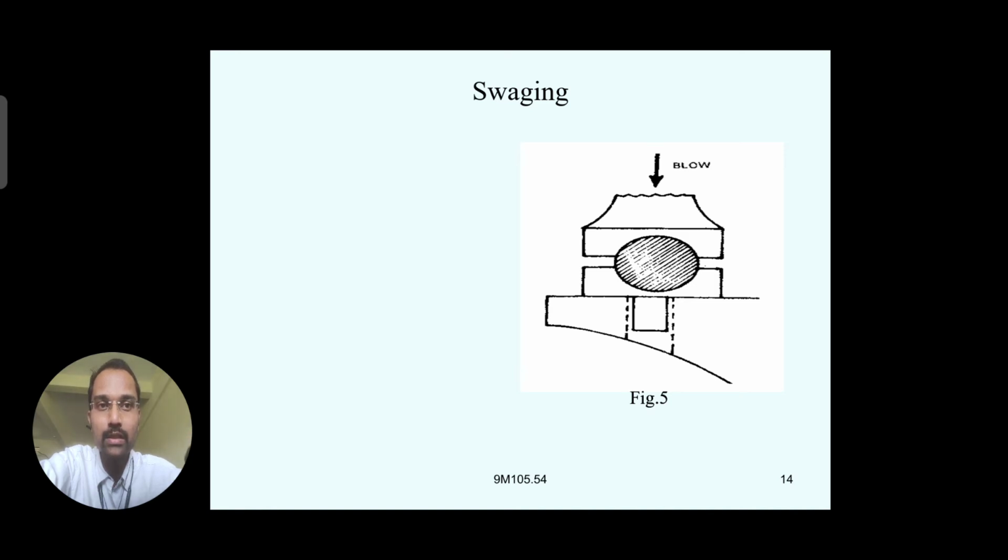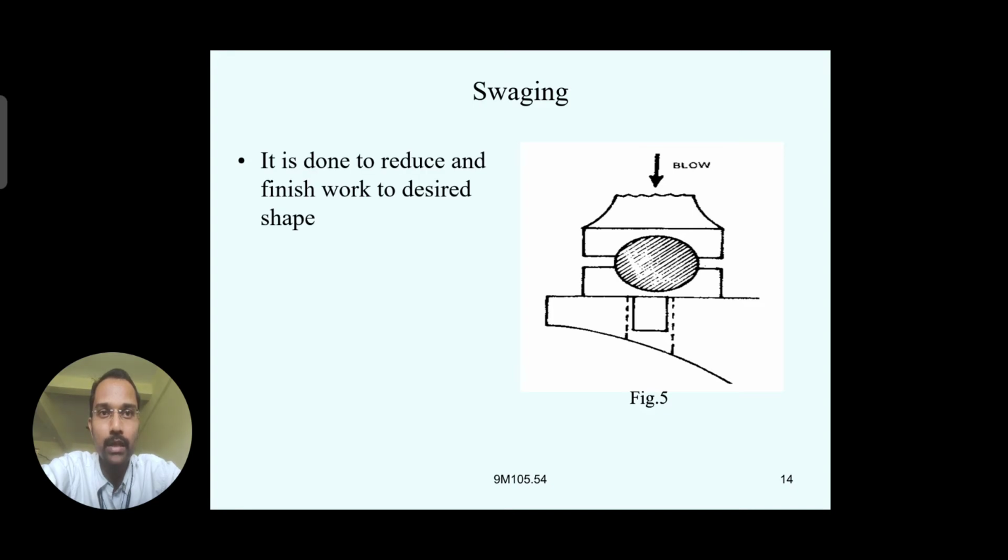Different sized holes, square holes, round holes, and some grooves, V grooves or semicircular grooves are present on the swage block. We have discussed the swage tool separately, where you can see in this diagram the swaging operation is done to reduce and finish the work to the desired shape, whatever the portion is there in between these swage tools.